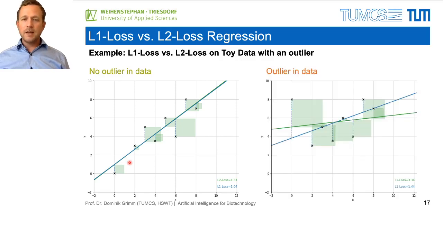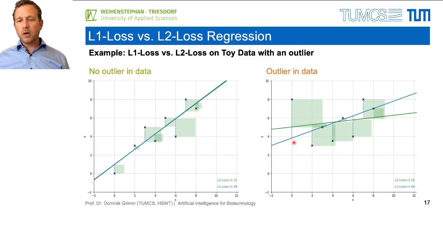However, if we have an outlier, let's say this point here is not below here, it's up here, then the L2 loss would lead to the following linear function. So we have here the squares, and this linear function leads to the minimum error using the L2 loss.